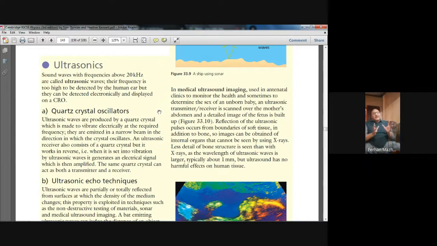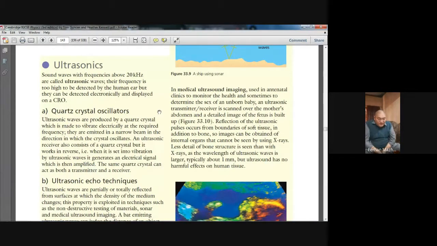So the basic thing is what they do. They have a transmitter which is producing ultrasound. They send the ultrasound waves into the belly of the mother, and the ultrasounds are reflected from the tissues of the baby.